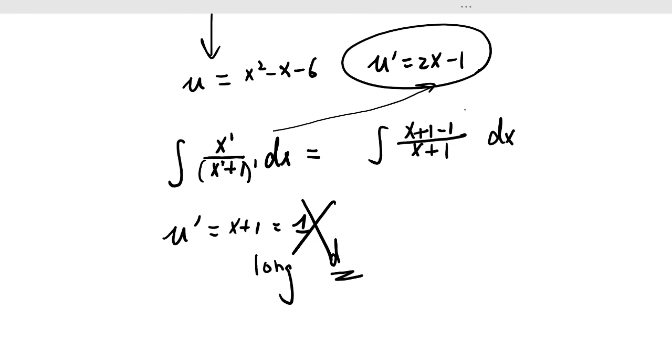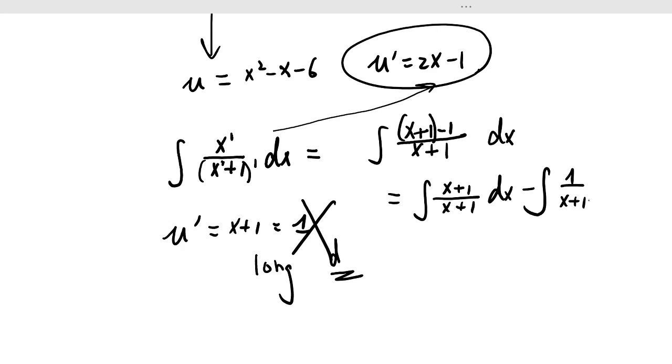However, I created something special. I have my first part, which is x plus 1, the same as my denominator. Then I have the remaining second fraction. Now the first part is 1 dx.